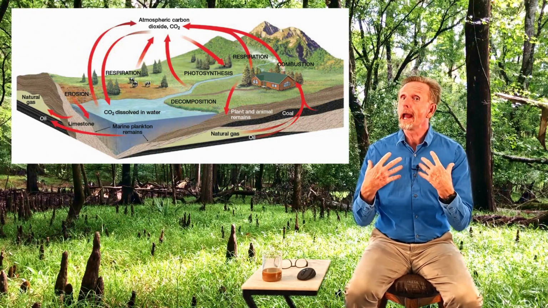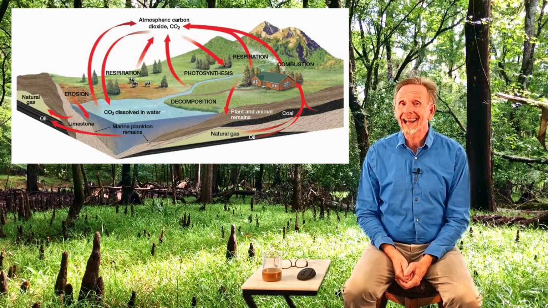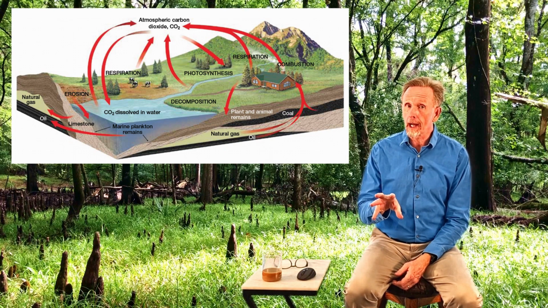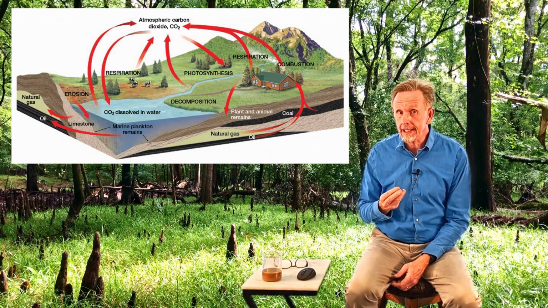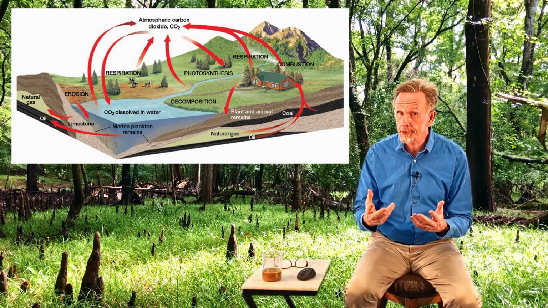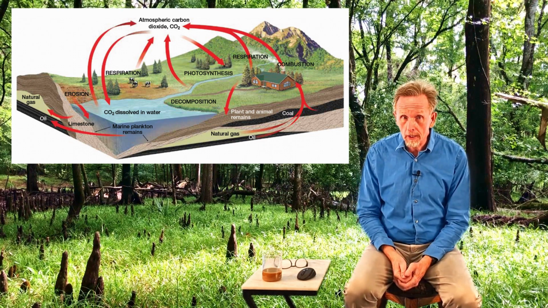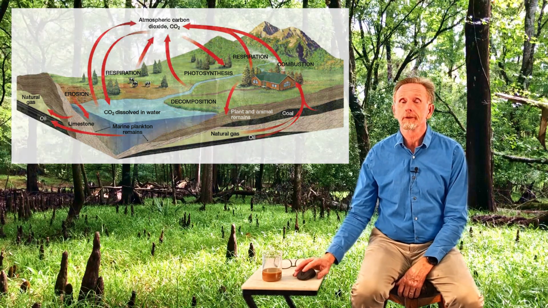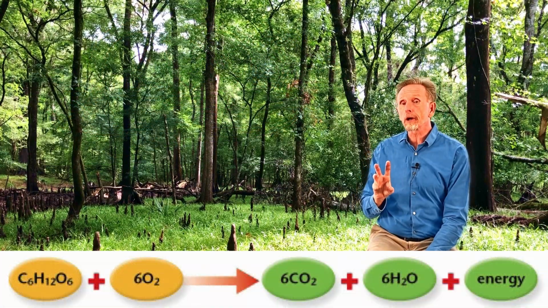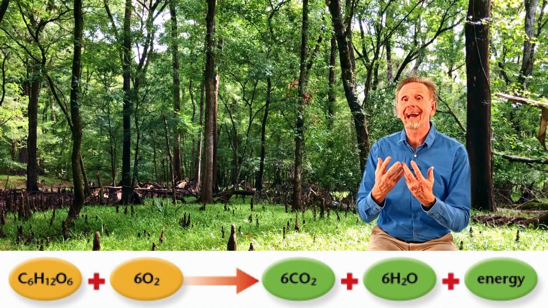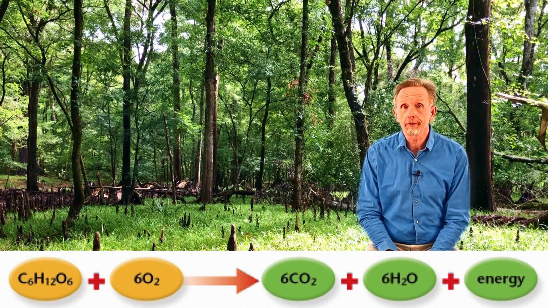Consumers, like you and like me, obtain our carbon from the carbohydrates in the producers we eat. So in the form of carbohydrate sugars, proteins, or fats, these are all part of this carbon cycle, if you will. During cellular respiration, some of that carbon is released back into the atmosphere as carbon dioxide.